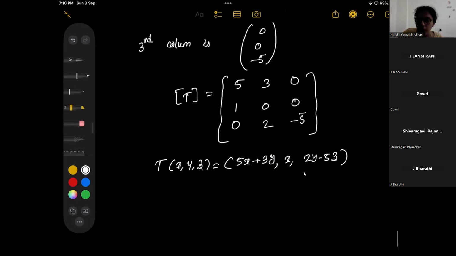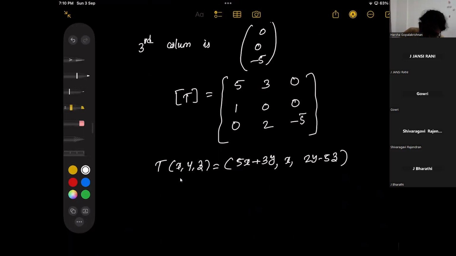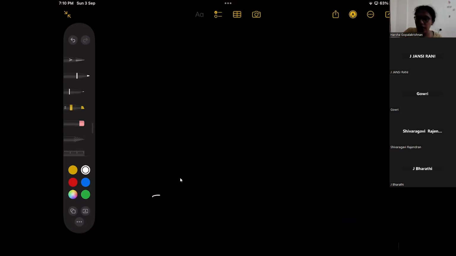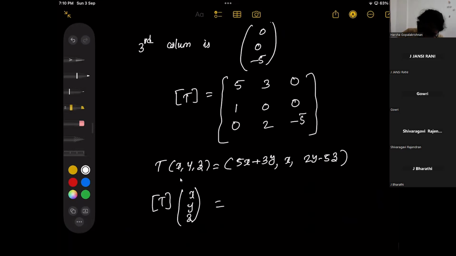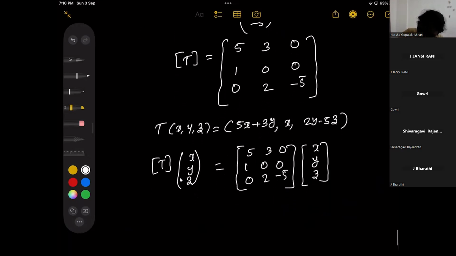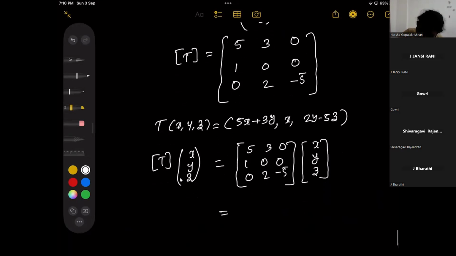Now, why is the matrix T the matrix form of T of x, y, z? Because if we write T of x, y, z by the usual matrix multiplication, the matrix 5 3 0, 1 0 0, 0 2 minus 5 times x, y, z, what we get is 5x plus 3y, x, 2y minus 5z.